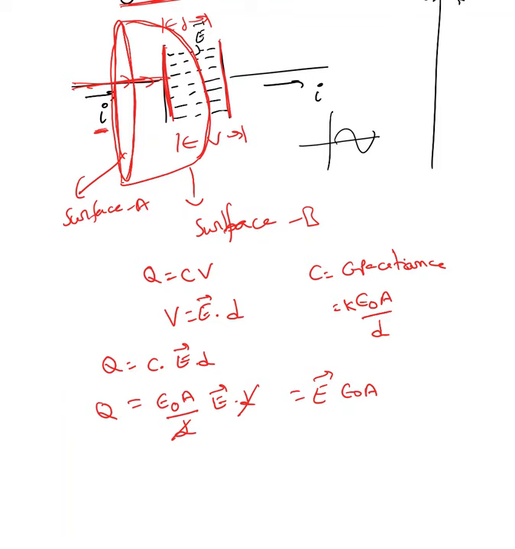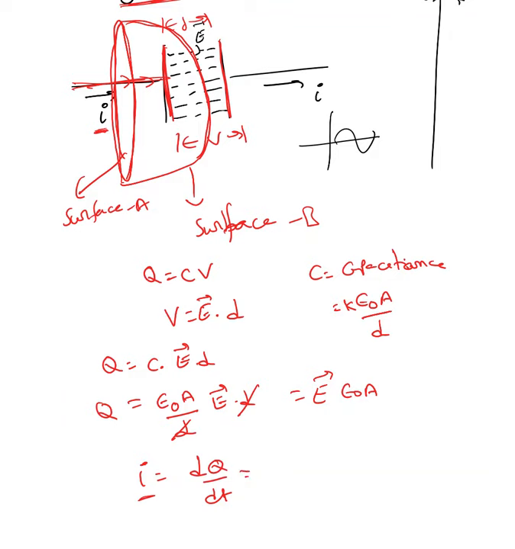So I equals dQ by dt, the current passing through this capacitor, which I'm taking as alternating current.